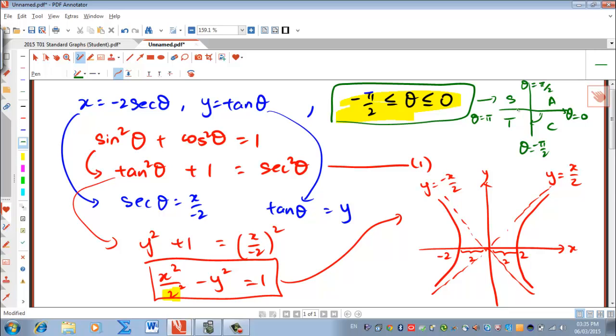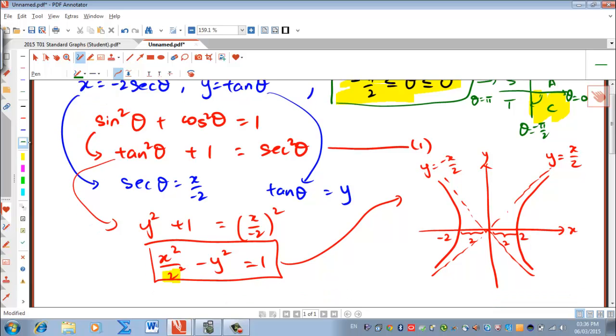This reminds us that in the particular quadrant over here, as described by the range of theta, we know that only cosine is positive. So when only cosine is positive, we need to look at our x and y accordingly.